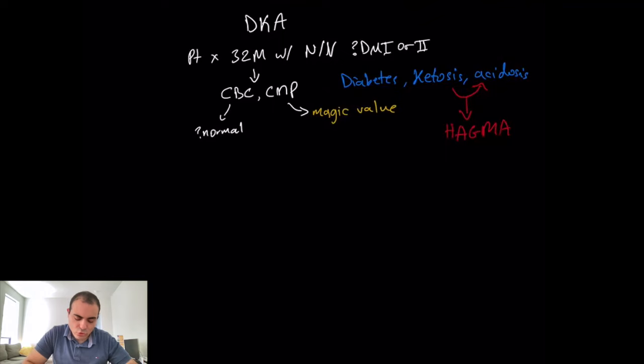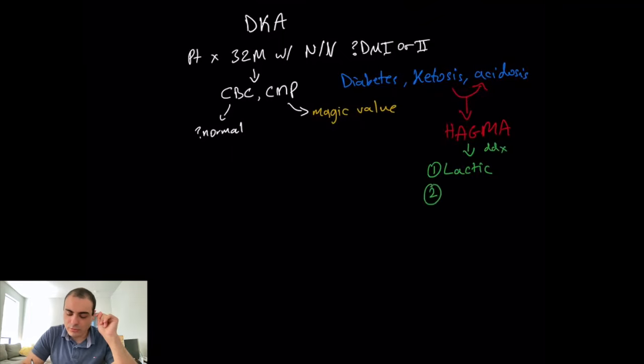So when you have a high anion gap metabolic acidosis, there are different mnemonics for it in the hospital. But in my opinion, the three things you should know are number 1, lactic acidosis.